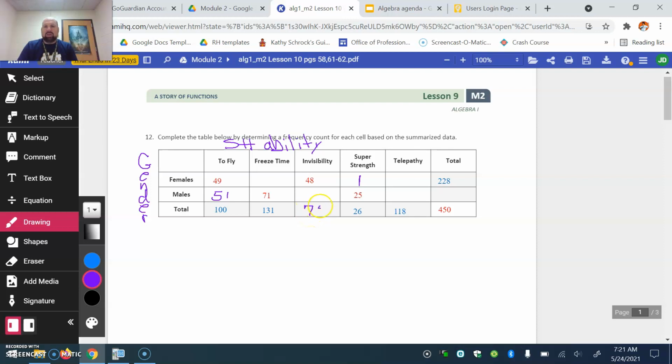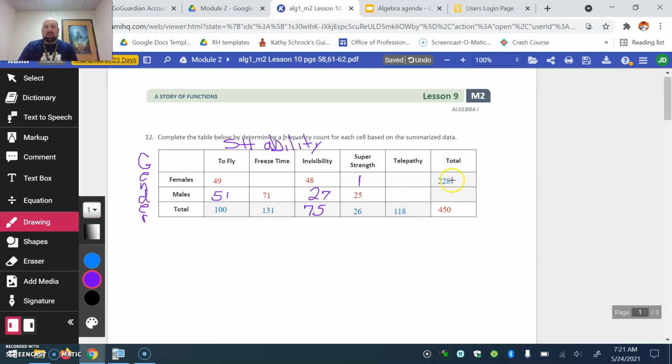So I end up with 75 as my answer for invisibility. Then coming up with this answer right up here, well, 75 minus 48 is 27. Telepathy, I know that they total 118, but I don't have any information above it, so I can't do this one yet. But that's the key.